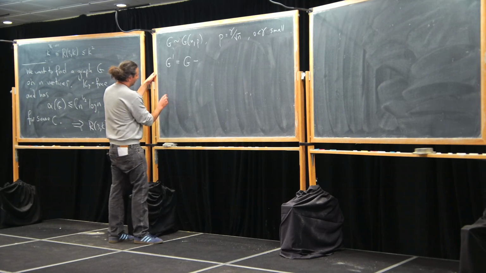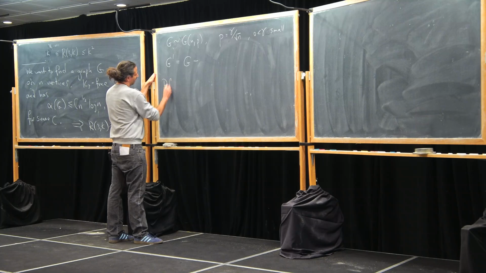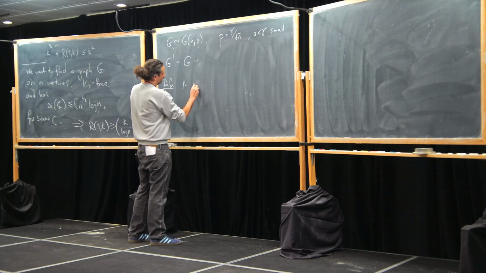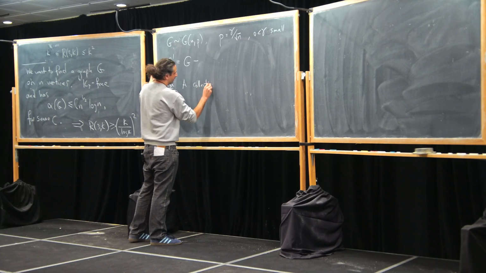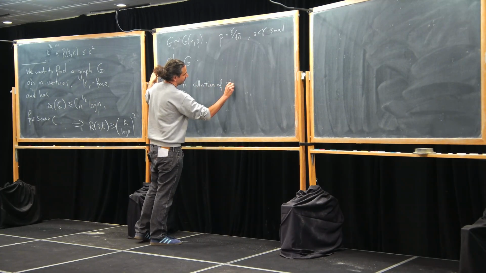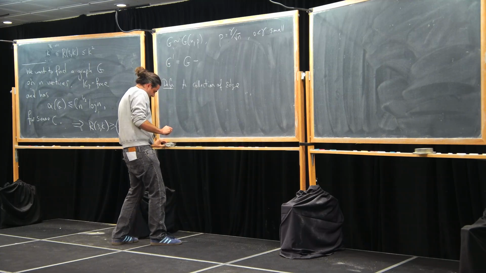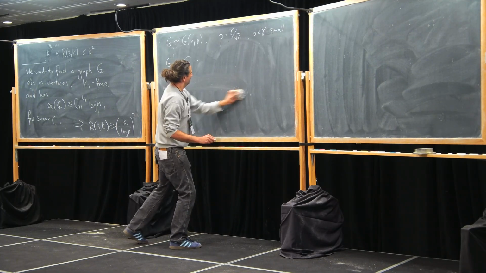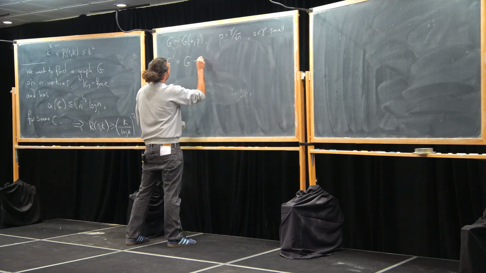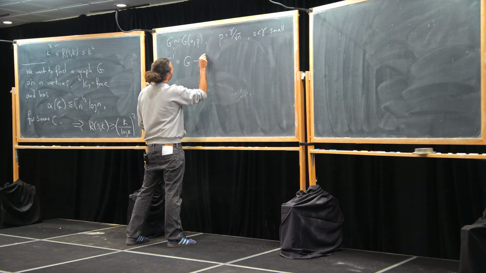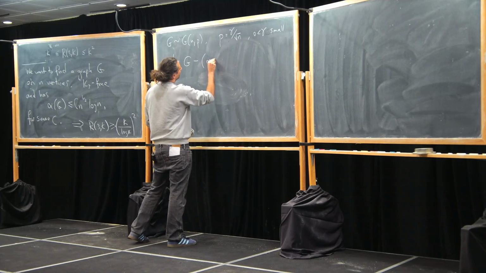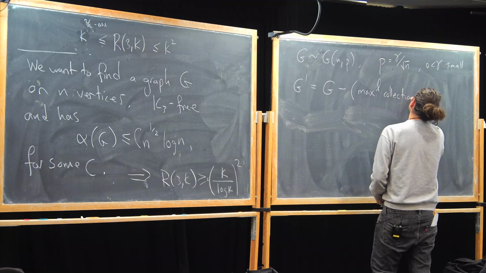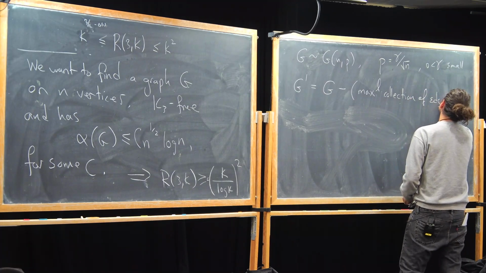So we'll just say G minus some graph, which is a maximal collection of edge disjoint triangles.